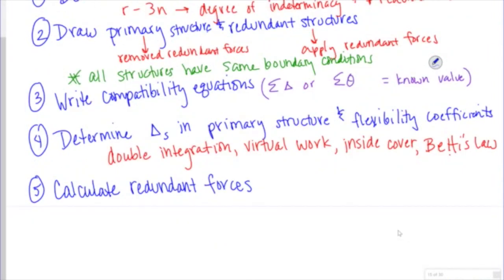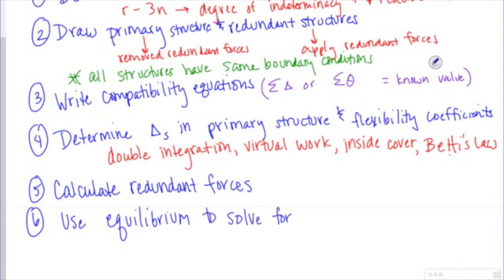Use equilibrium to solve for the other unknowns. And finally, you can double check all this.